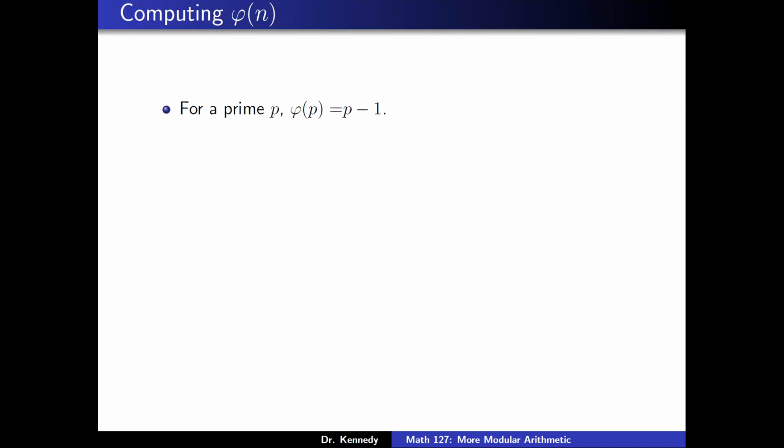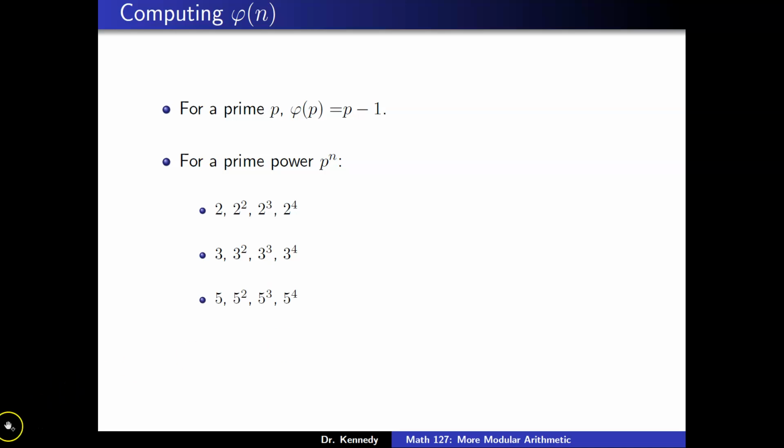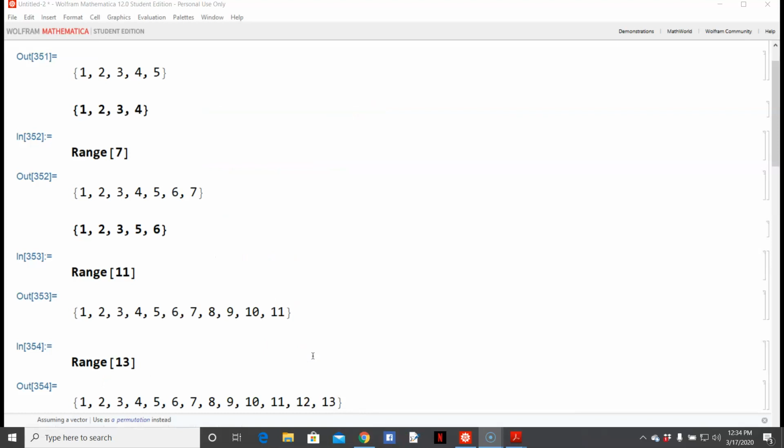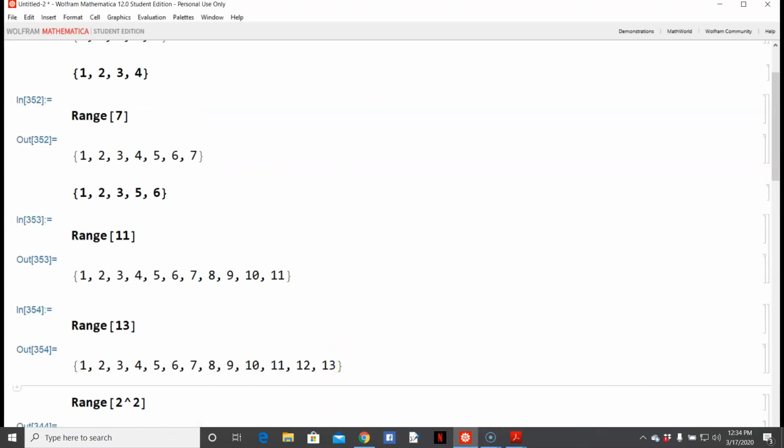Well, once you have it for primes, the next thing to look at are prime powers. Okay, so you take a prime number and you raise it to some power, successively larger, and see if you can find a pattern. So we're going to look at the first few primes and their first few powers and see what we notice. Okay, so we're going to use Mathematica to do this a little.